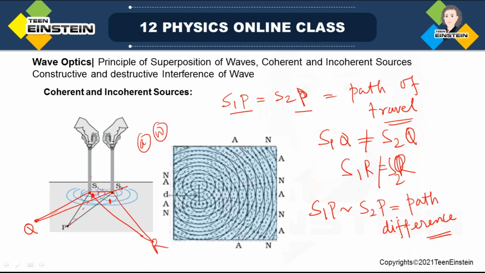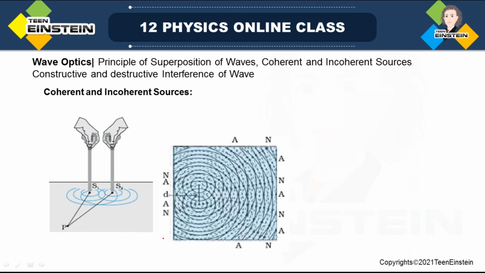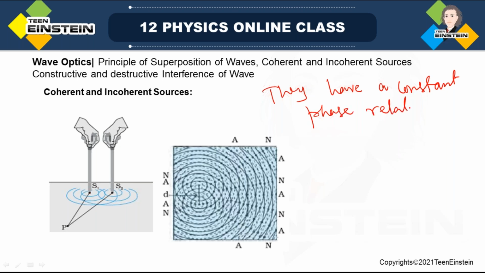I hope you have understood what is called path difference. Now look, since they are identical and the waves are actually formed in identical fashion, wherever they go, wherever they meet, they have a constant phase relationship.